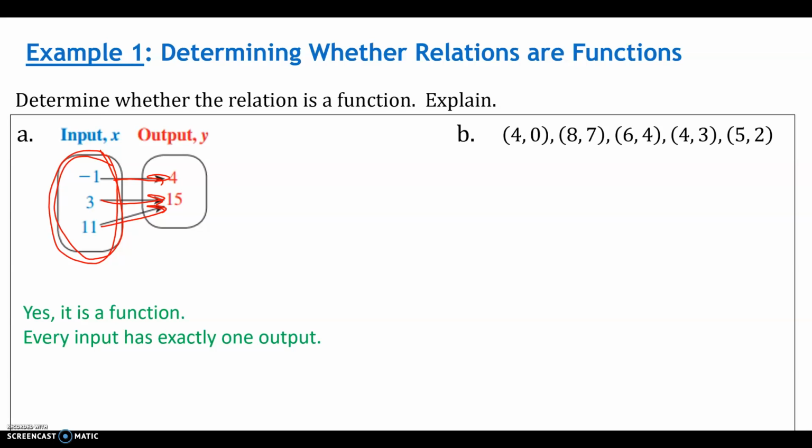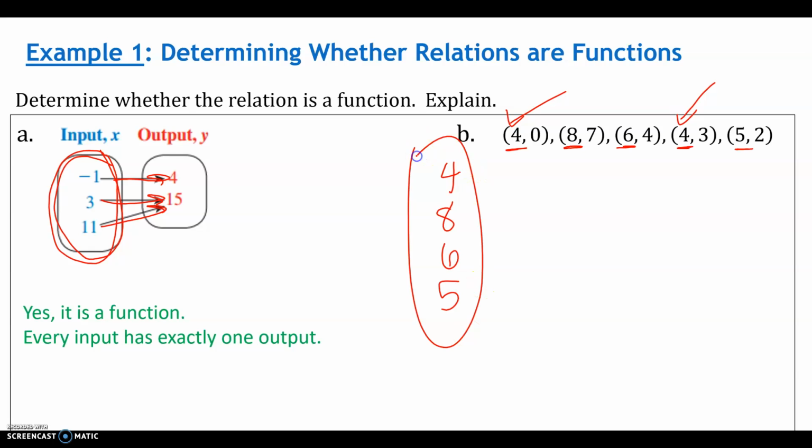Okay, so if you look over at B, look at all of your x's. So you have 4, 8, 6, 4, and 5. Notice how I repeated the 4s. So think about this. You have a 4, an 8, a 6, a 4, and a 5. Obviously, I don't need to write 4 again, so this would be your input. Now your output would be your 0, 7, 4, 3, and 2.